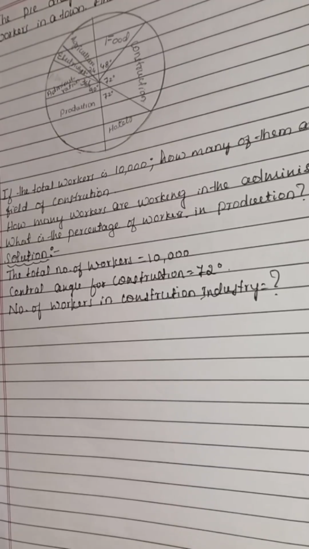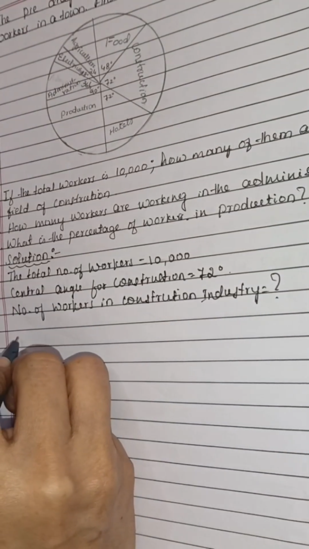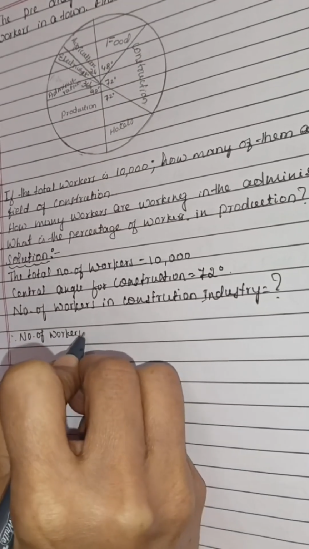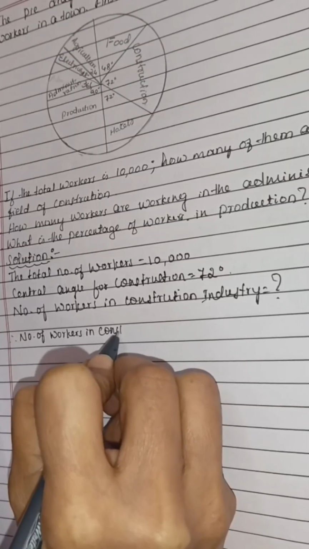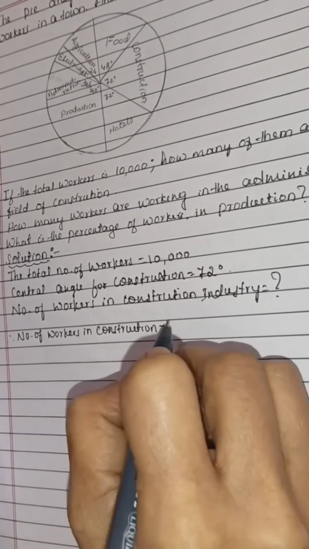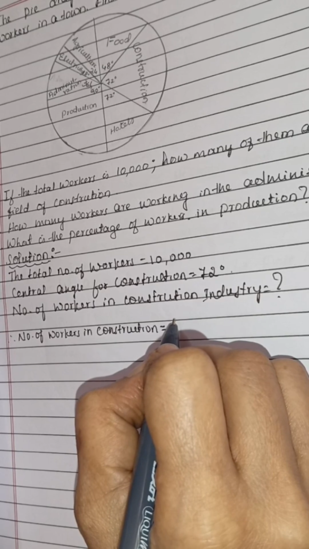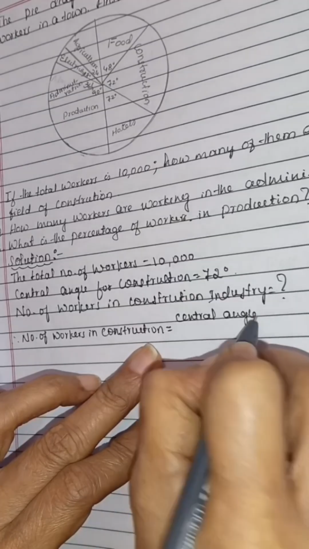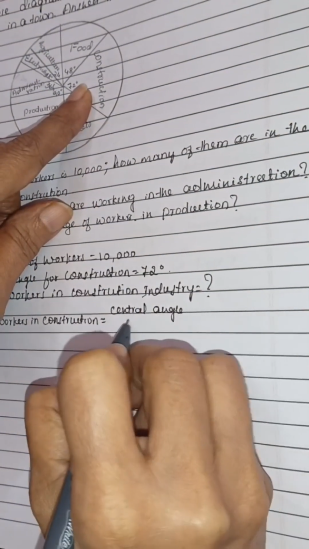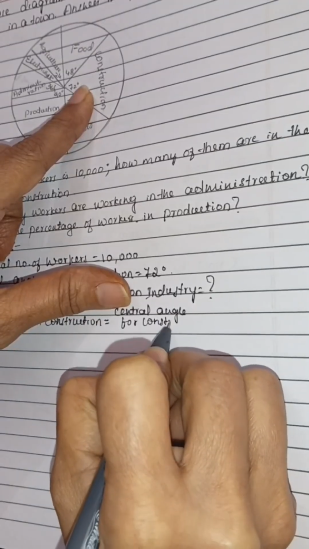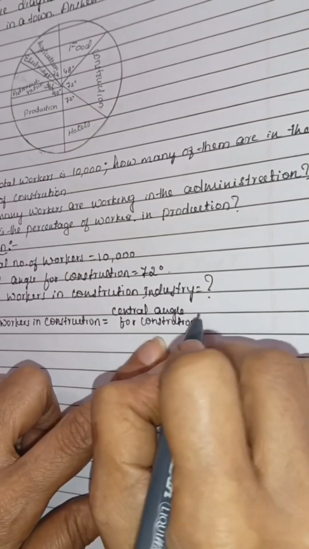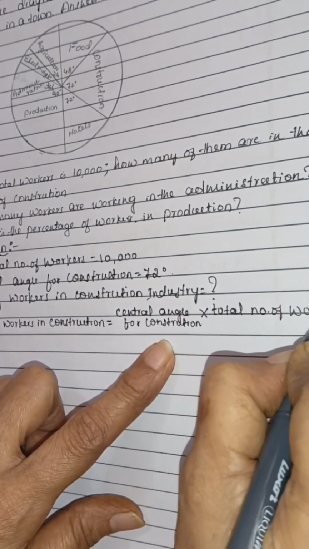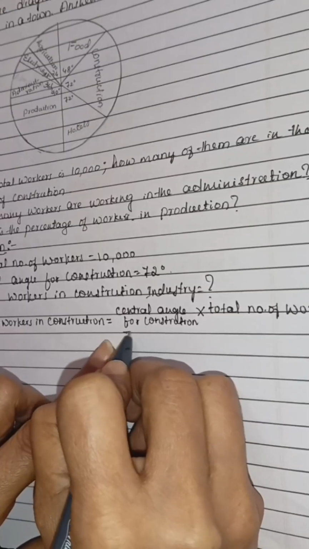Therefore, the number of workers in construction industry is the central angle for construction multiplied by the total number of workers, divided by 360.